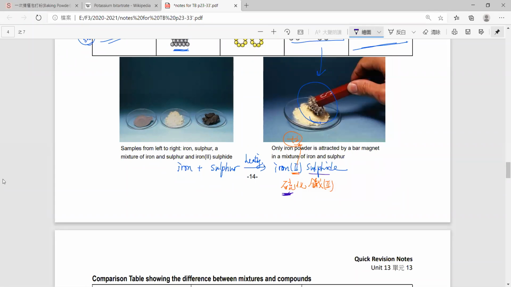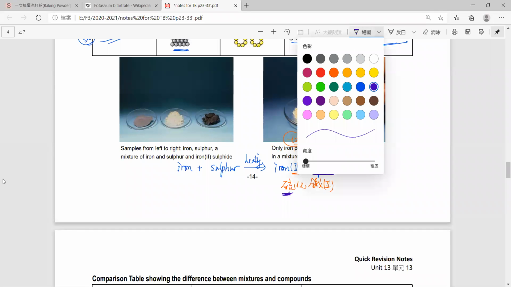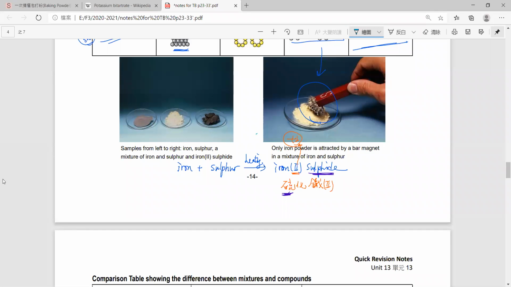First of all, a sulfur-containing substance in English is placed after the metal. In the English naming system, metal comes first and then non-metal. But in Chinese, non-metal comes first, followed by metal. Do you realize it?